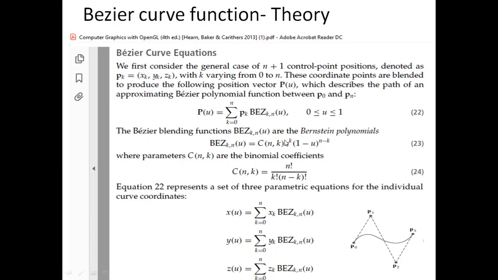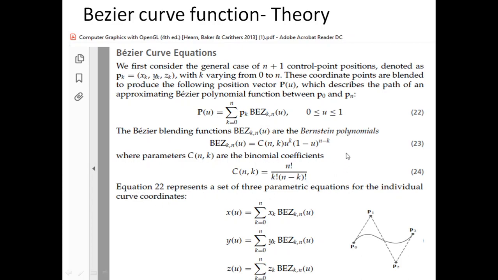So this is the formula you have to calculate here and multiply with your point. That point should be drawn next. So the full curve we can get. So what is C of n comma k? That is a polynomial, you know this equation: n factorial divided by k factorial into n minus k factorial.